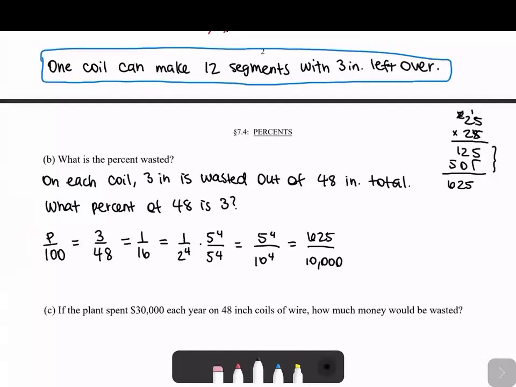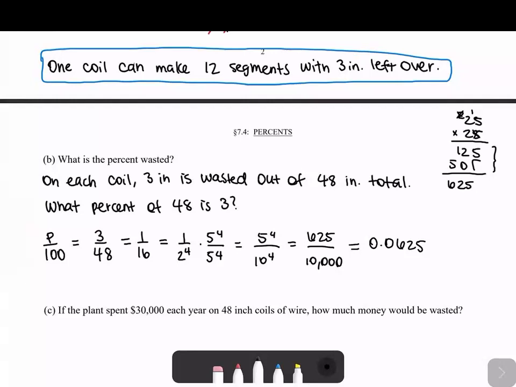So this is 625 over 10,000, which if we just take 625 and move the decimal place 4 times, is 0.0625. There are a lot of ways to convert this into a decimal, but this is the way I wanted to do it, just to remind you that if you have a denominator that has prime factors of 2 and 5, you can convert that easily to a denominator that is a power of 10, which helps us convert it to a decimal.